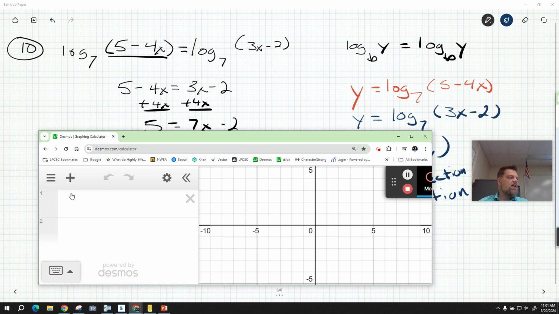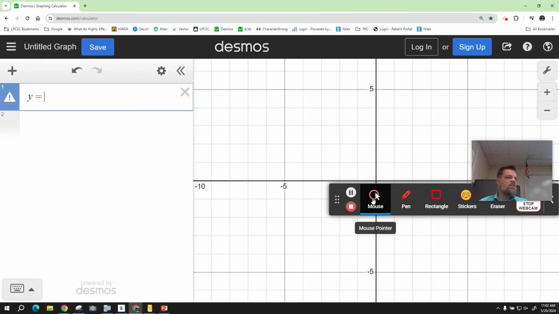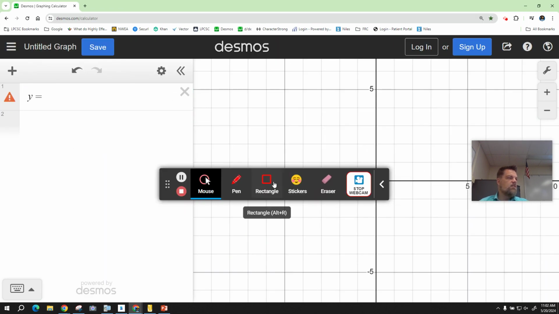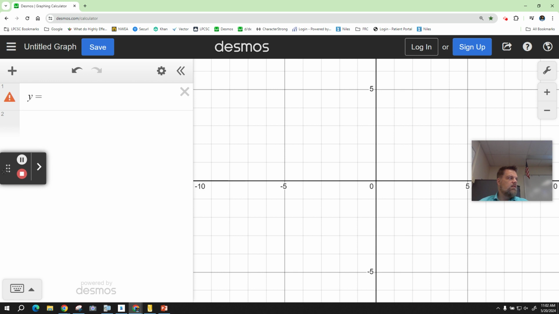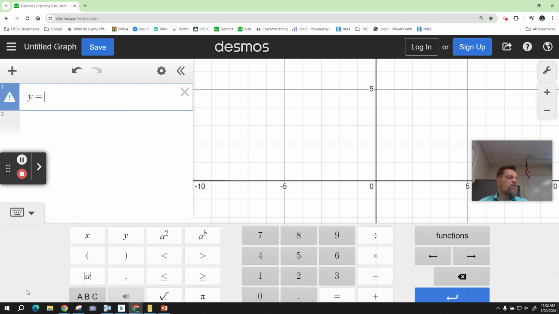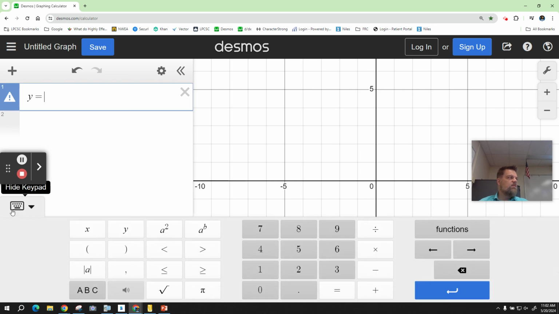I'm going to type in y equals, now to get the logs, let me make this big so you can see it. To get the different logs, I got to go here. See this little keyboard here? Everybody look up at the screen so you can figure this out.